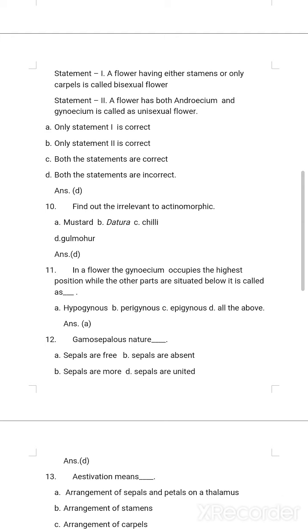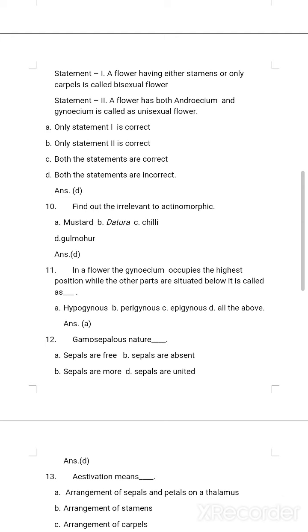How is it? Now let me explain. Statement 1: a flower having either stamens or only carpels is called a unisexual flower, not a bisexual flower. Understood? Example, papaya, date palms, etc. Next, statement 2: a flower that has both androecium and gynoecium is called a bisexual flower, not unisexual.